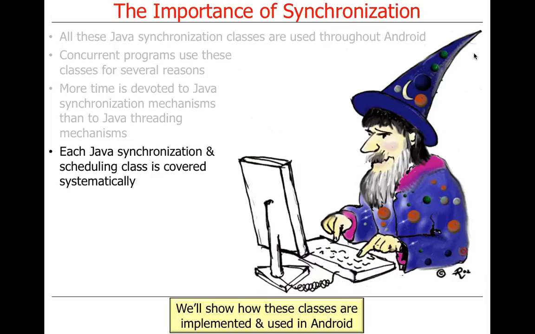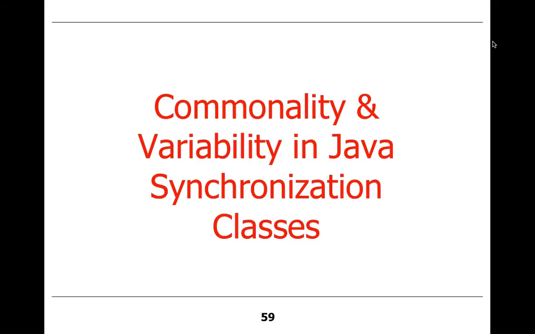We're going to cover all these things later, and I'll talk about how they're implemented and show lots of examples and how Android works. So what we're going to do today is talk about commonality and variability in Java synchronizers. If you recall, the Java synchronizers deal with things like ReentrantReadWriteLock, ReentrantLock, Semaphore, condition objects, all that kind of stuff.